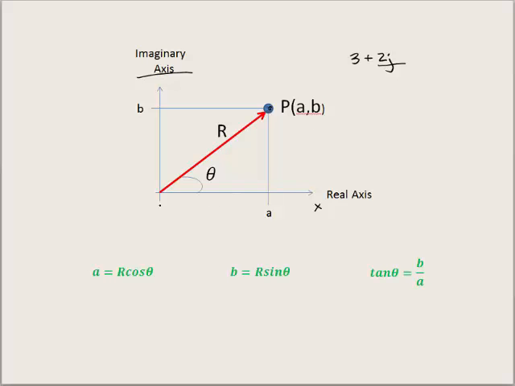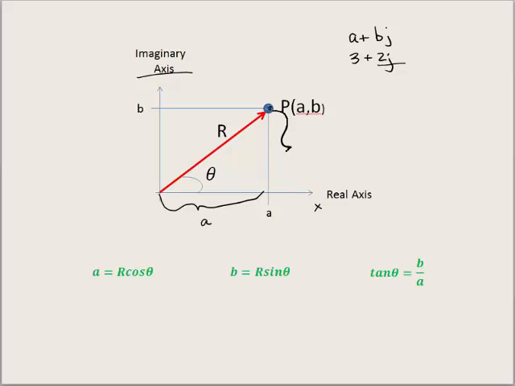Now, the a value is found right here. And the a value is r cosine theta. So here's the r. We pick up the trig function cosine and theta, and that's how we find a. This is a. Plus bj.